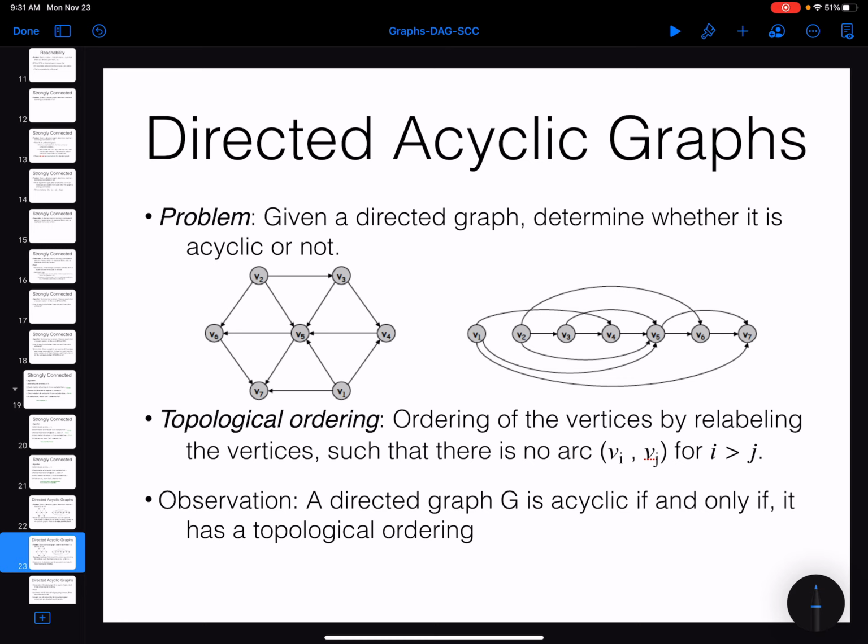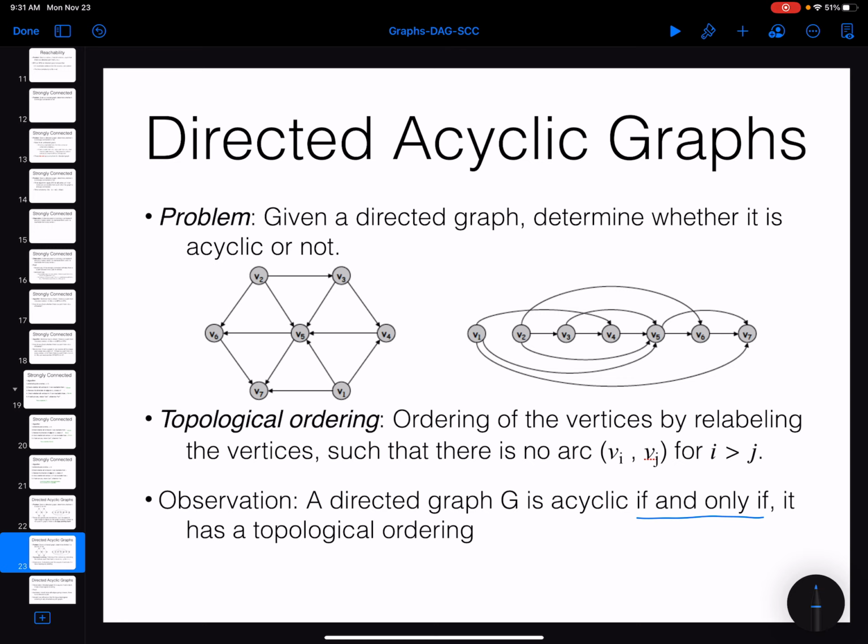So here again we have an if and only if statement. If your graph is acyclic, you can have a topological ordering for it, and if you have a topological ordering for it, you can say that the graph is acyclic. A directed graph G is acyclic if and only if it has a topological ordering.